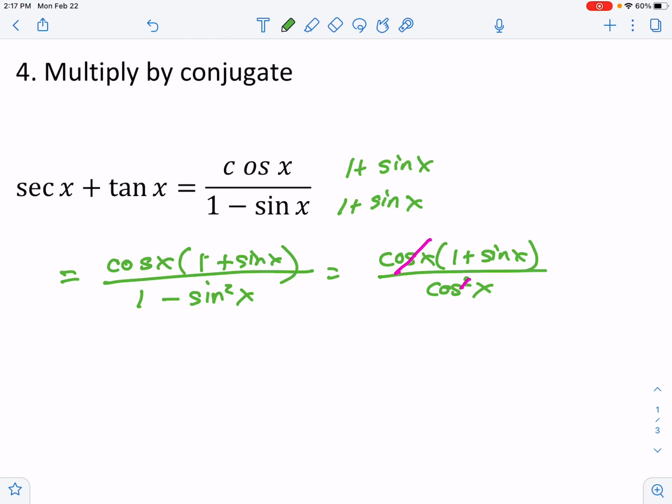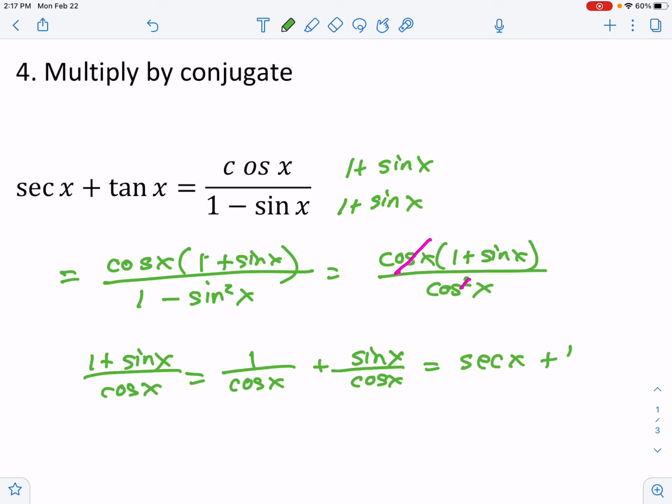And I'm left with 1 plus the sine of x over cosine of x, which I'm going to split up into 1 over the cosine, plus sine over cosine, which is equal to the secant plus the tangent. And I'm done.